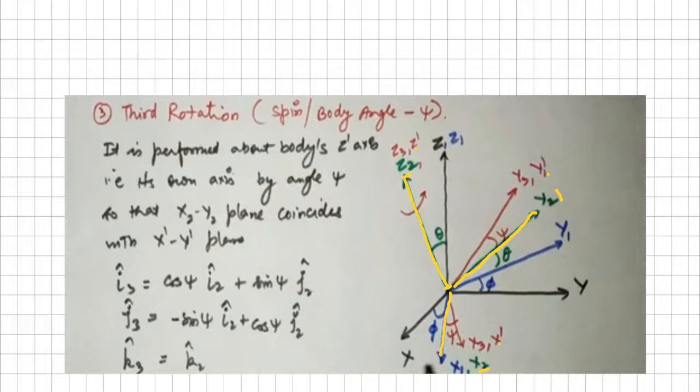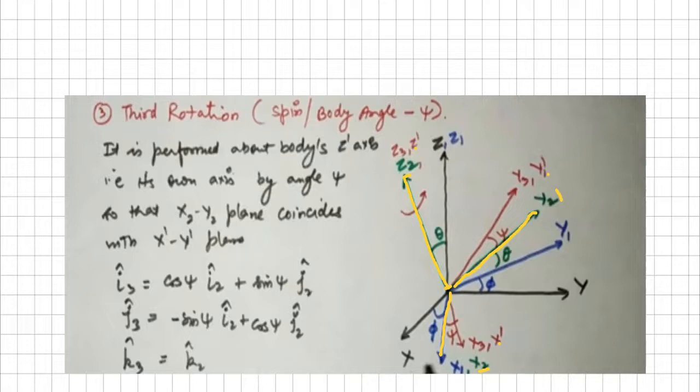What are these? Remember I told you previously what we are actually doing. We are transforming the three-dimensional space axes to the body axes. I have told you every body has its own axis. We are finding a matrix which transforms the space axes to the body axes. So this is the body axis. We are almost there. We have reached this yellow line, but we have not yet aligned.